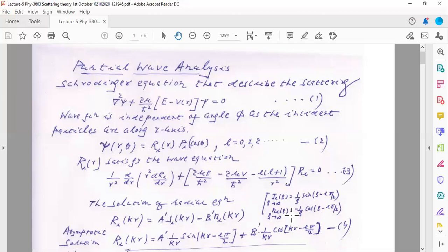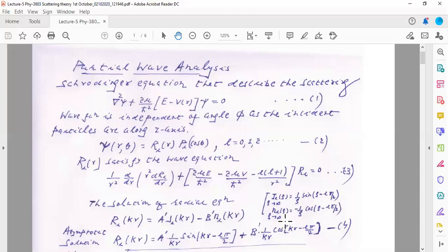You know the special features of this Neumann function. Here I wrote the definition of the Neumann function of order L when rho tends to infinity, at a very large distance. It is given by minus 1 upon rho, and you have a cosine function of rho minus L pi by 2.